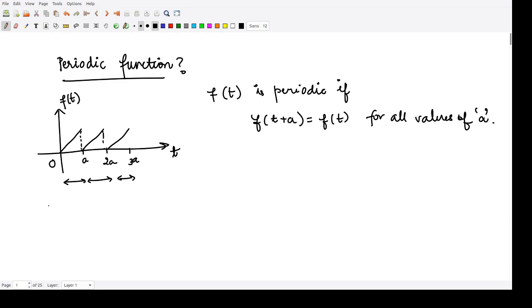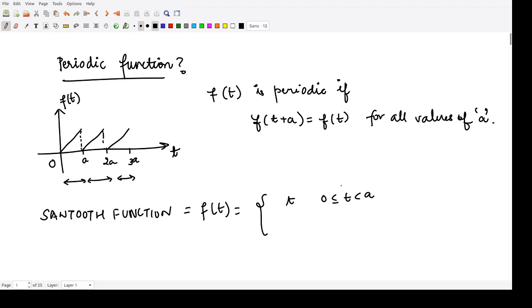In particular, what is this function? The name of this function is the sawtooth function, and it is defined through this expression. f of t is t whenever it lies between 0 and a.